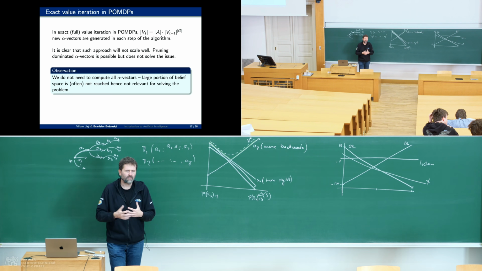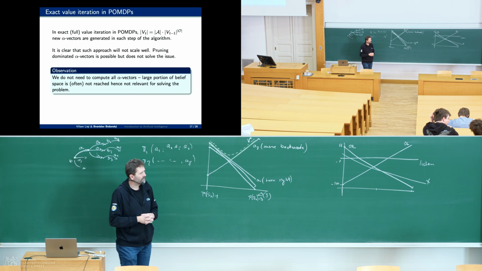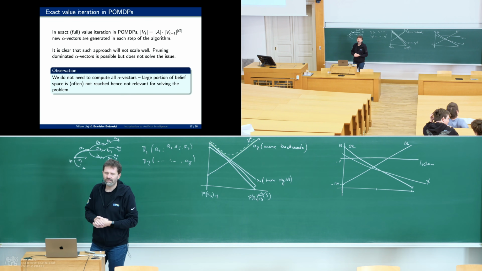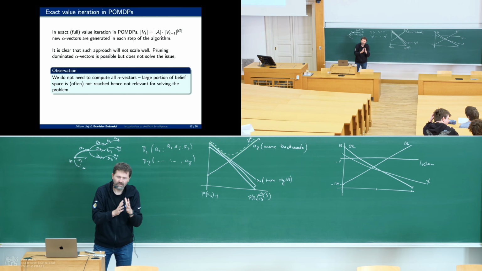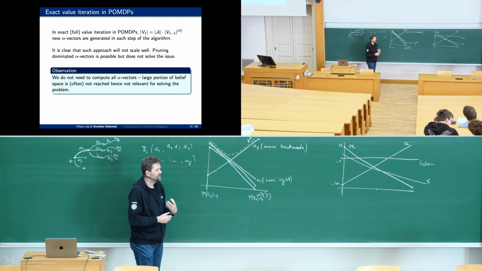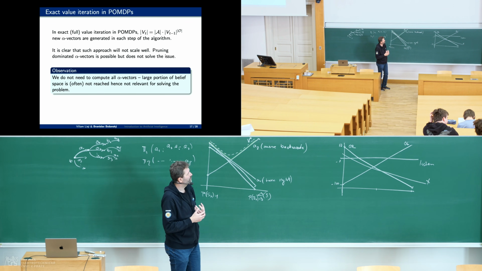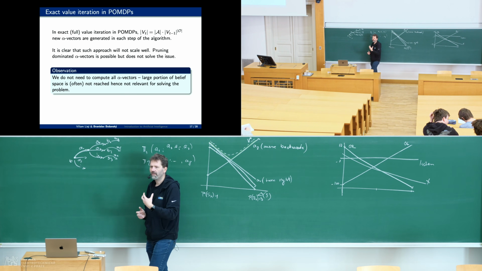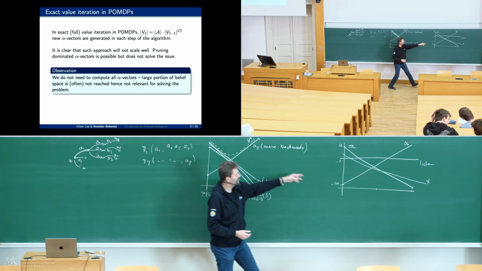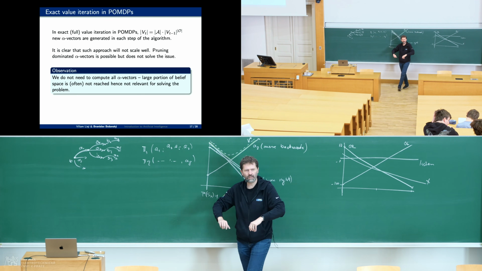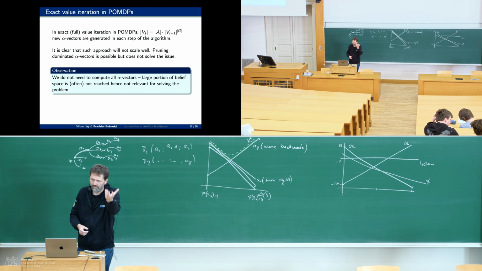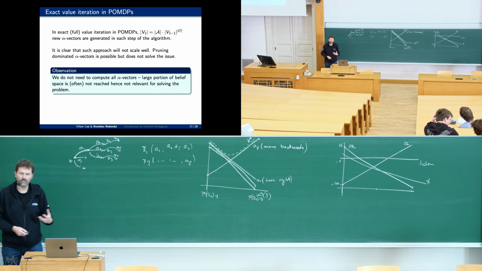But when you were playing with POMDPs in the lab, and for example from the dynamics of the tiger example, you can see that not all belief points would actually be reached through the dynamics of the game. Some belief points are not reachable because the agent doesn't have actions or observations to get to that particular belief point. But here we don't know that, right? We are adding all the alpha vectors, all the possibilities for k-step policies, and we don't care whether a particular belief point is actually important or not.